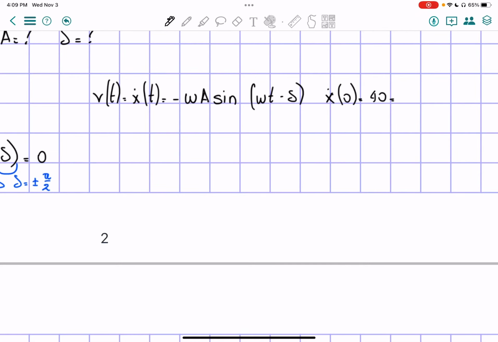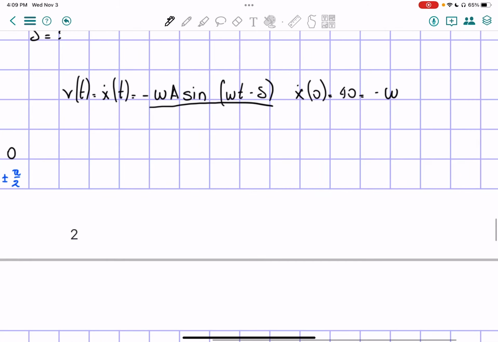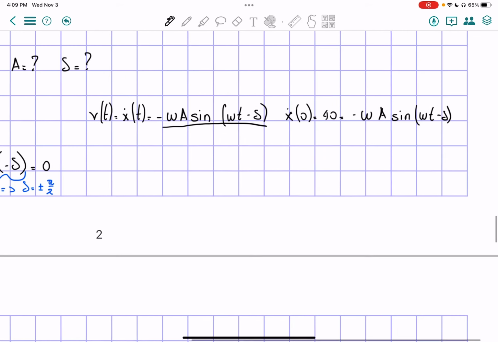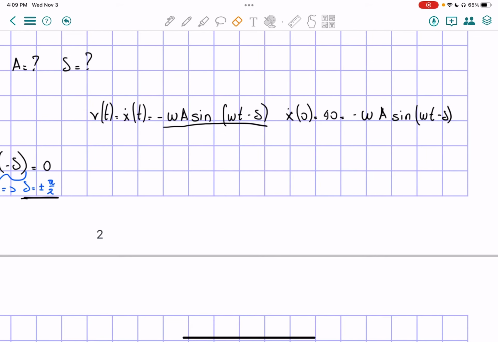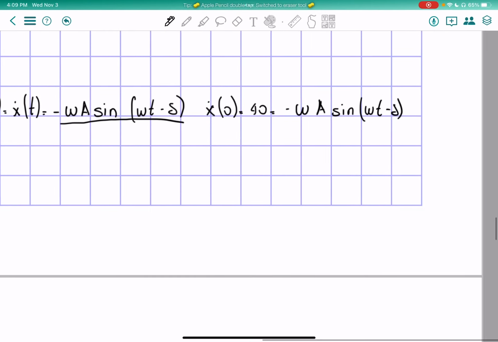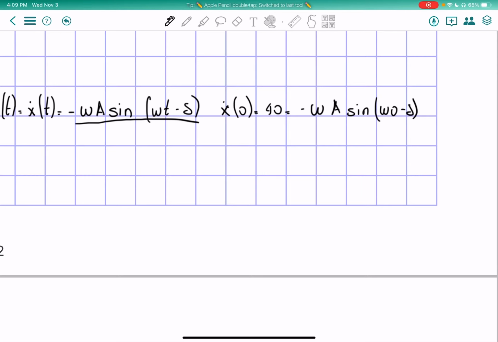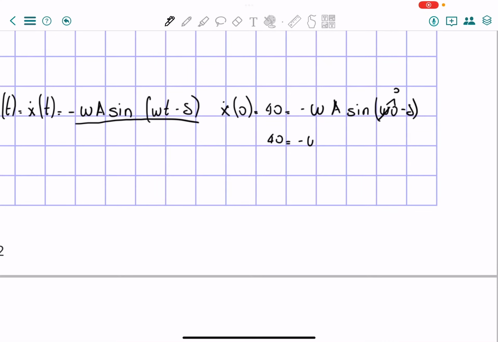So now we know that our angle is plus or minus pi over 2, but you have to remember that our t is equal to 0. So instead of t, we write 0, and so this part will end up being 0. So we're going to have 40 equals negative w A sine of negative phase shift.